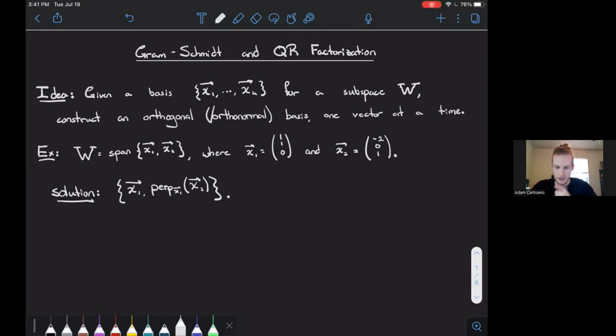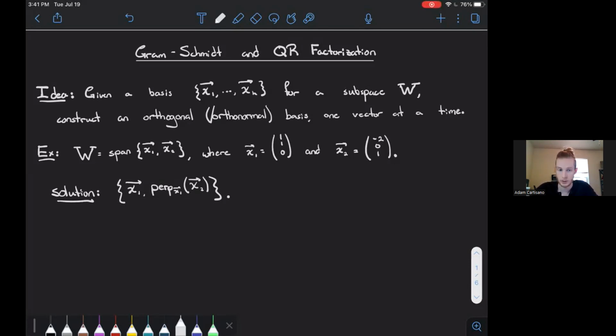So here's round one of the strategy. Given a basis for a subspace, go and construct an orthogonal or even an orthonormal basis, one vector at a time. We'll do round one here with this example. W is the span of these two vectors, (1, 1, 0) and (-2, 0, 1).